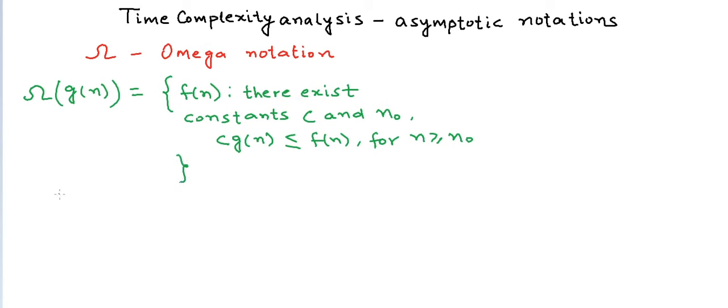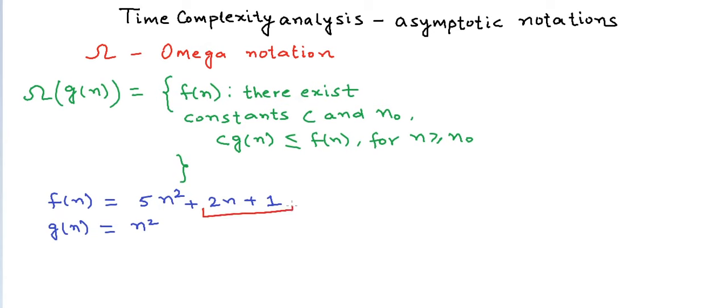Let's pick up an example again, the same example that we had picked up the last time. Let's say our function f(n) is 5n square plus 2n plus 1, and our function g(n) is n square. Now for all n greater than or equal to 0, this 2n plus 1 will be greater than or equal to 1.